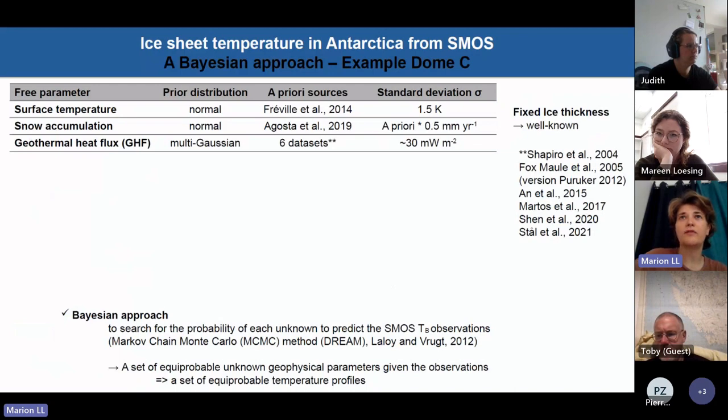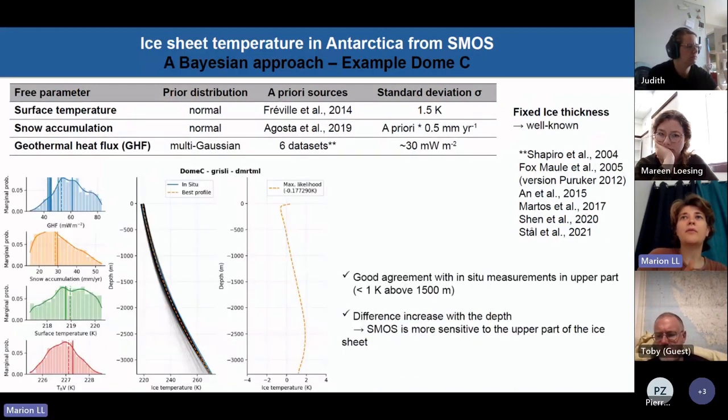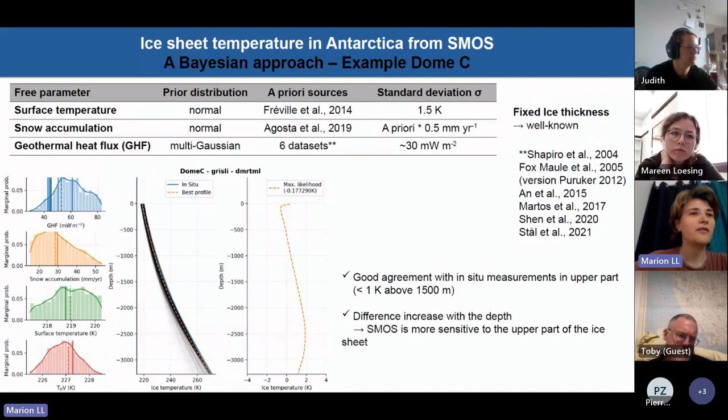So I show you the results we have at the Dome C location above the plateau. On the left, we can see the posterior distributions for the three parameters. In blue is the geothermal heat flux, orange the snow accumulation, and green the surface temperature, and the red one is for the brightness temperature.